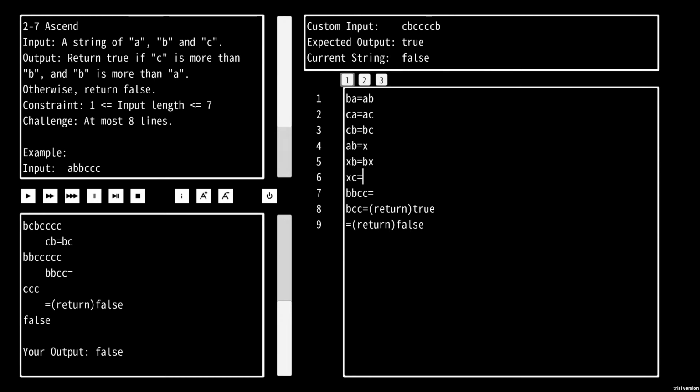All right, sorry, something's going on. I don't know if I can figure this one out.